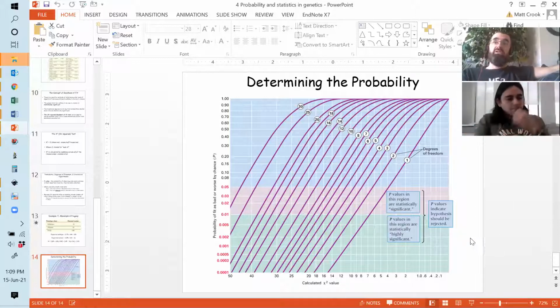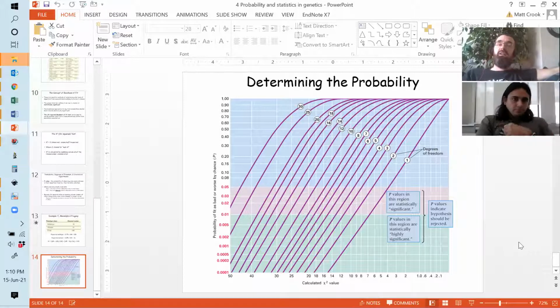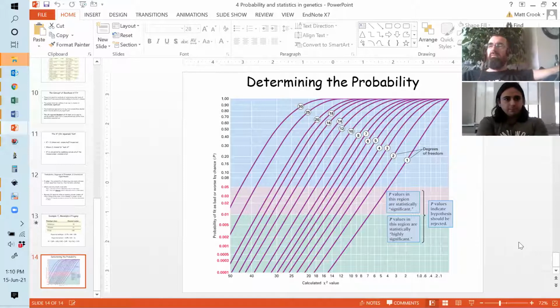So that's how you use this chart. The values are exactly the same as for the table, right? So the actual information in the chart isn't different. It's just a different way of using that information. So here you're essentially using the chi-squared value and the degrees of freedom to work out the p-value over here.